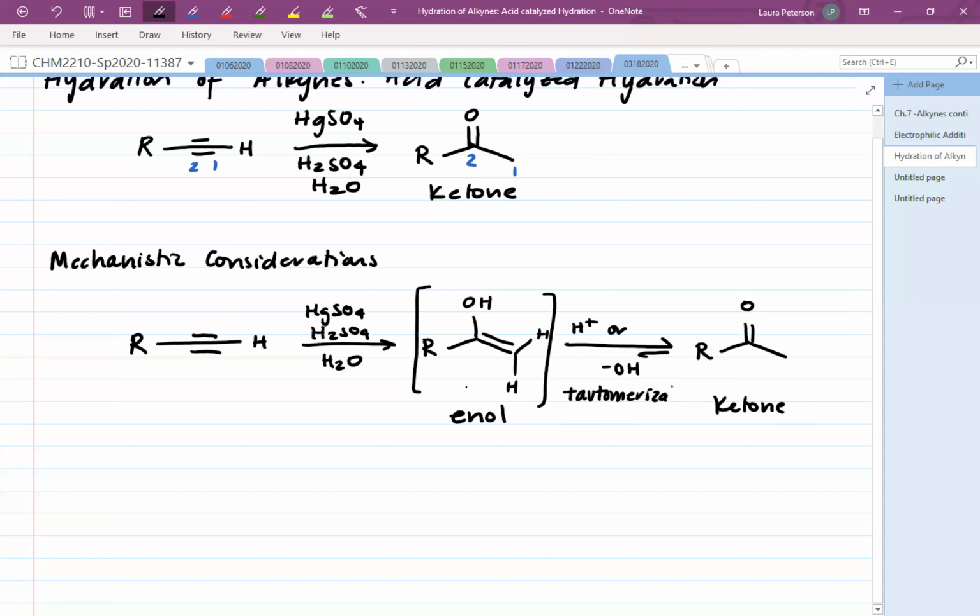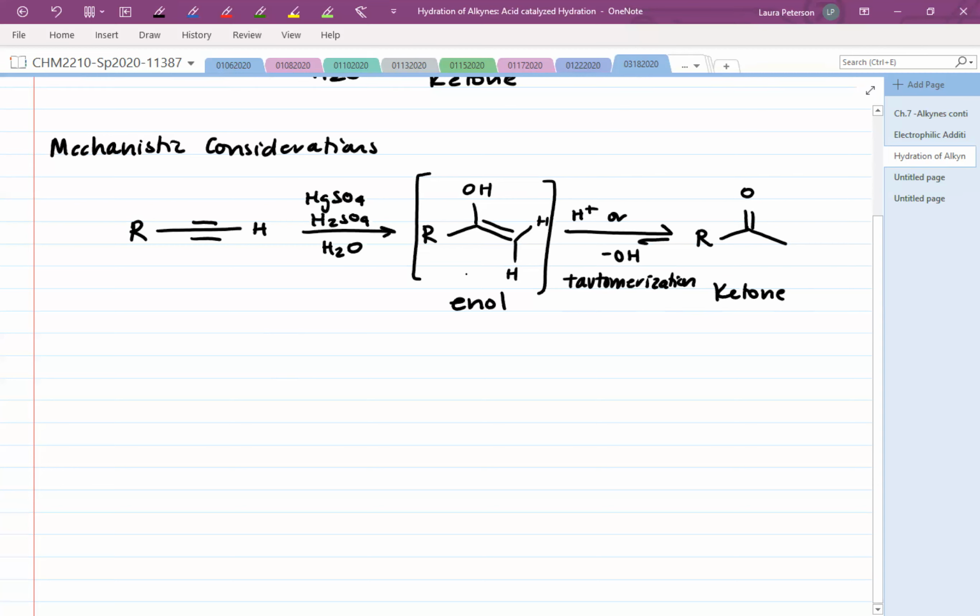tautomerization. I want to talk about this process, tautomerization, for a few minutes and think about how it relates to this reaction and the reaction we're about to learn, hydroboration. So tautomerization, we need to talk about that for a second. First, let me give you the definition of tautomers. You might have seen this on our isomer field guide, but now we're going to realize what it actually is.